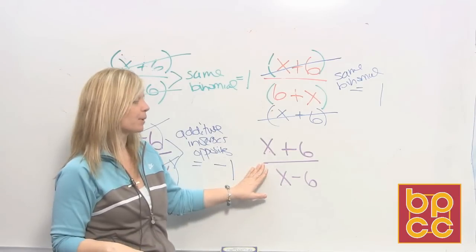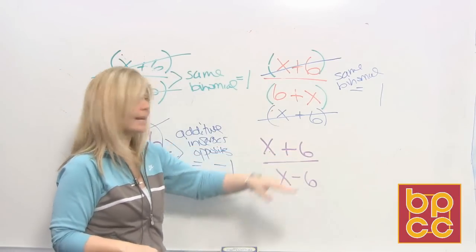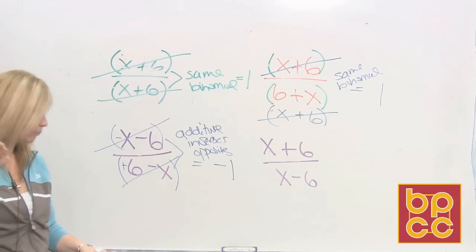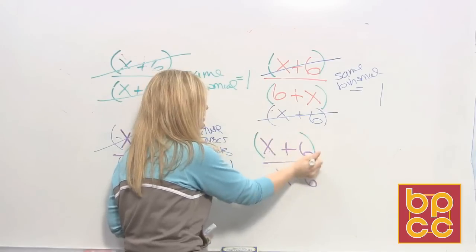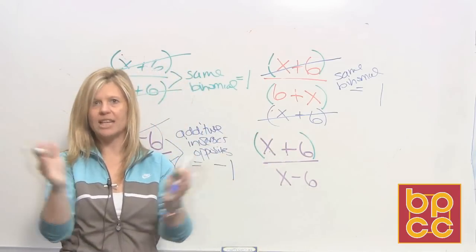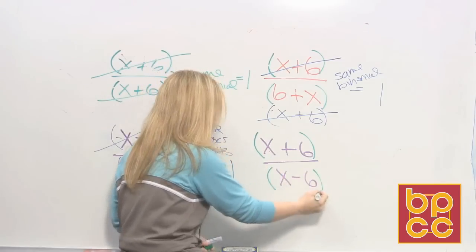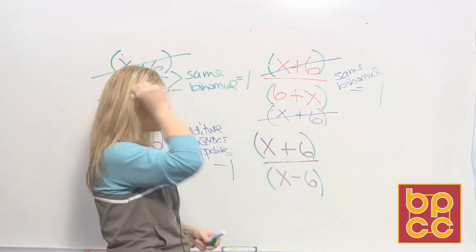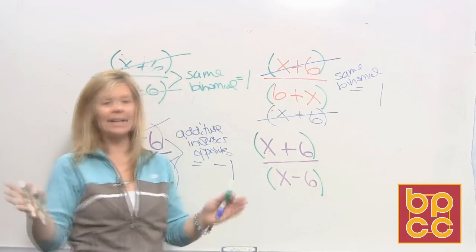Our last example, 8, if you look at it, again, we're dividing. In order to divide, what do you have to be connected by? Multiplication. Okay, that is not multiplication, so I put it in parentheses to let myself know it's stuck together. So now we look. Is x plus 6 and x minus 6 exactly alike?